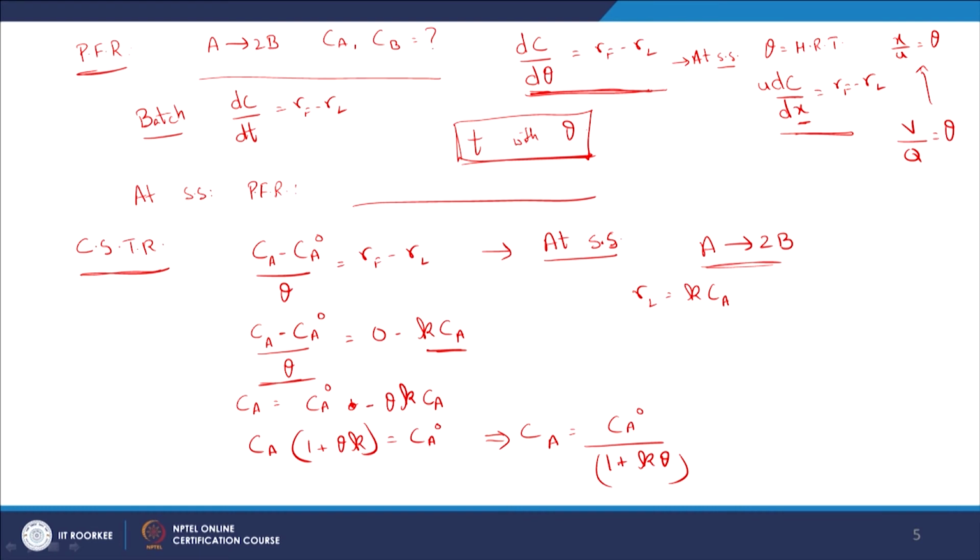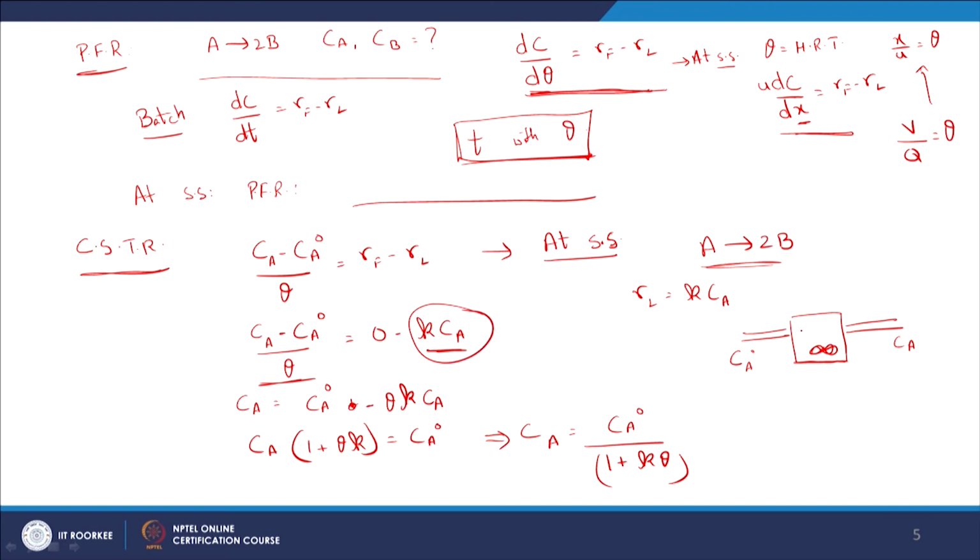So the key here, I believe you might have missed it, is that you have input coming in, Cn, and here is CA naught. So here we are defining in and out, CA naught and CA. For a CSTR, this is the key, and that is how we end up with the rate.